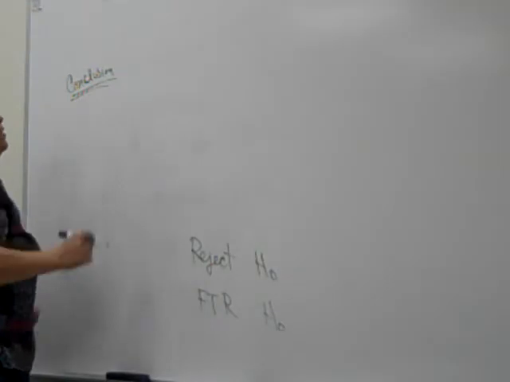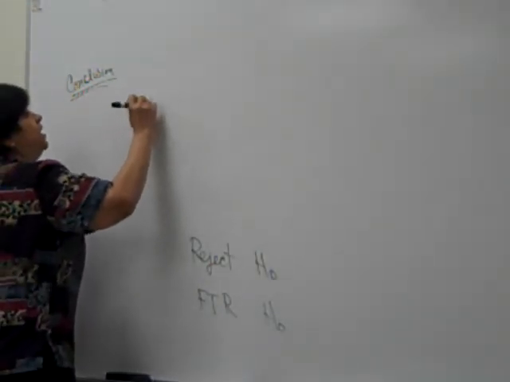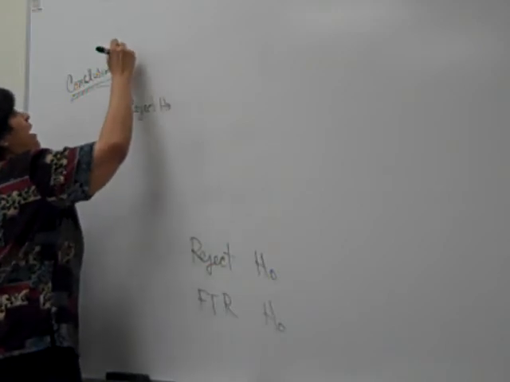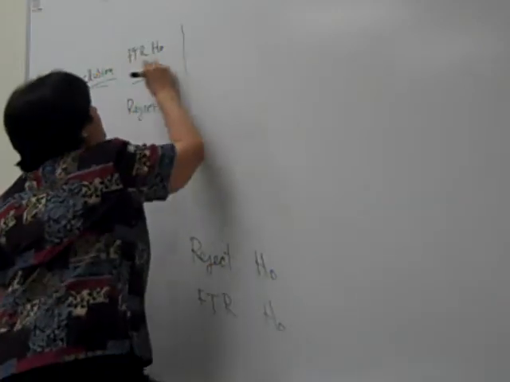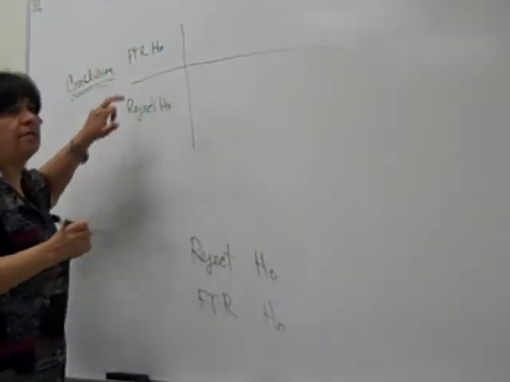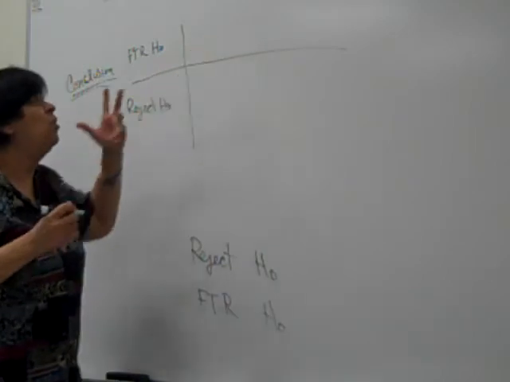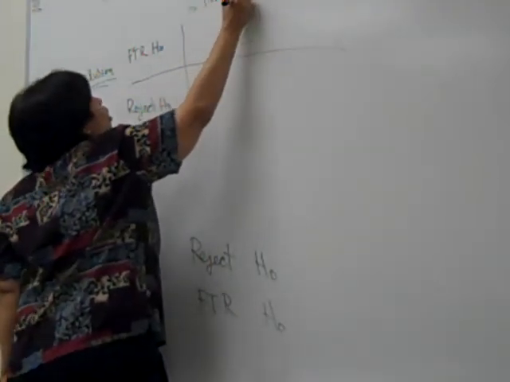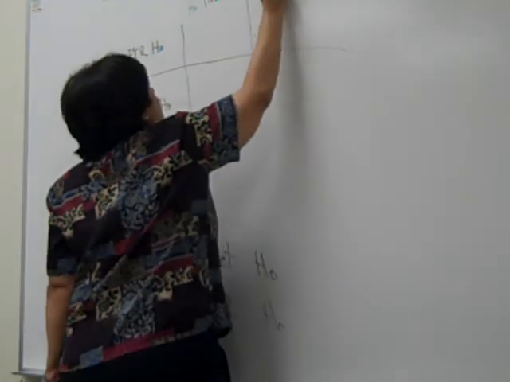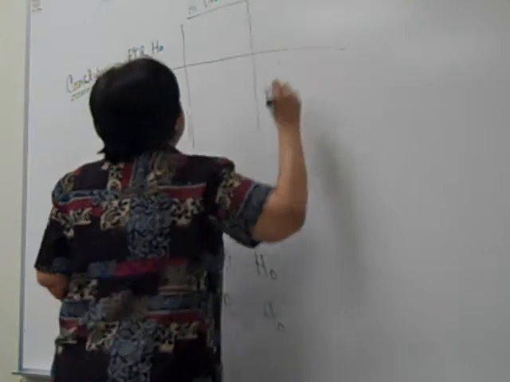In the conclusion, we may reject the null hypothesis, or we may fail to reject the null hypothesis. That's the only alternative that we may have. In real life, the null hypothesis is either true or false.